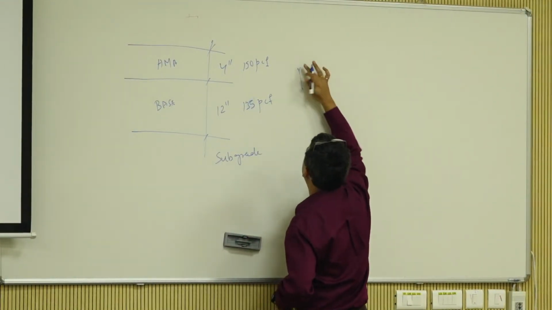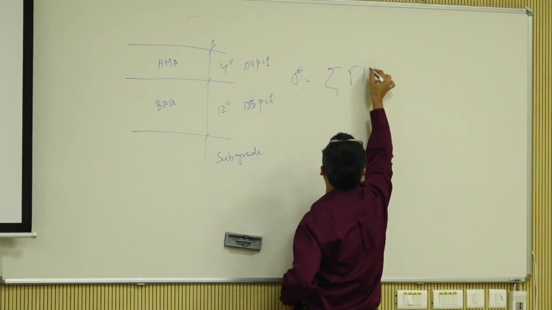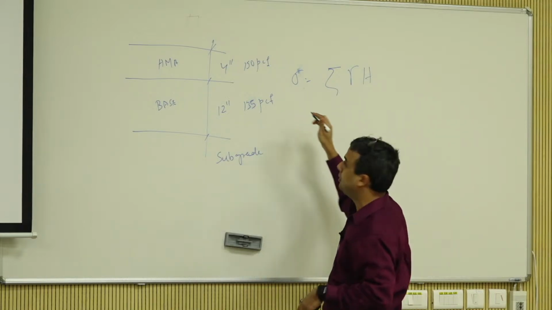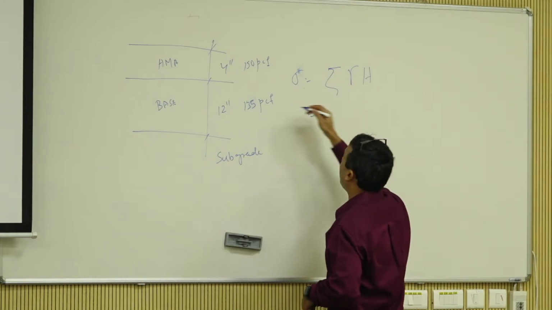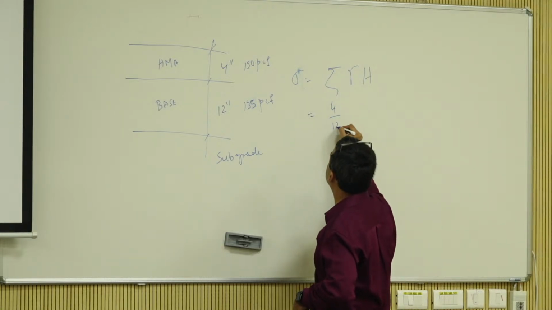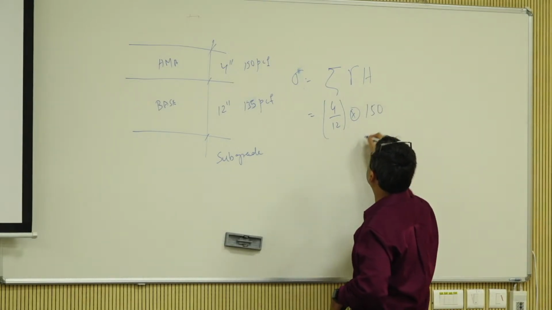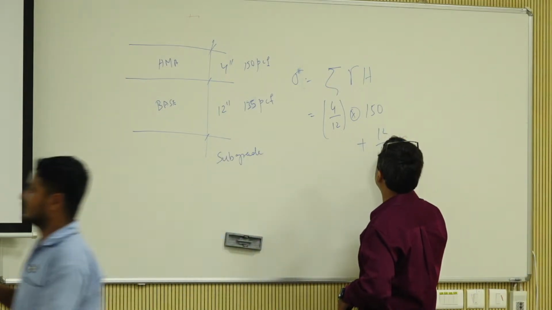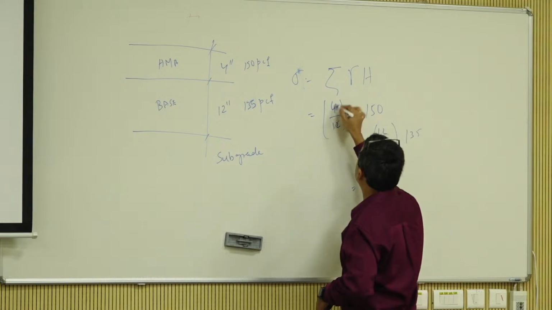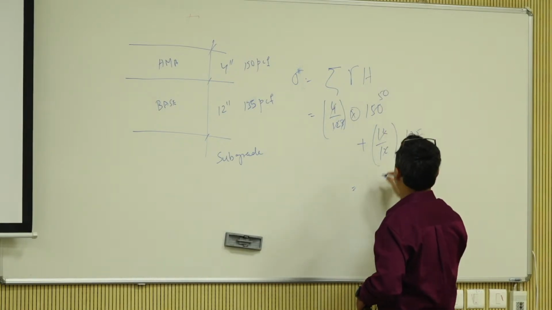Sigma is equal to the summation of gamma times H. I'm assuming everybody knows this already, right? Basic stuff. So 4 inches is what? This is PCF, right? So 4 over 12 multiplied by 150, plus 12 over 12 multiplied by 135. So this is 50, this is 135, which is 185.